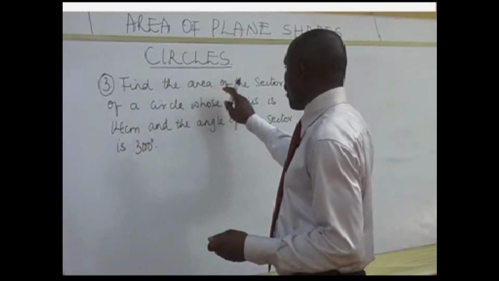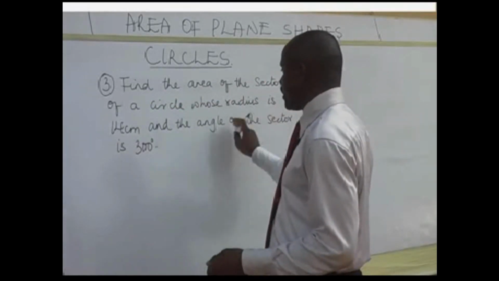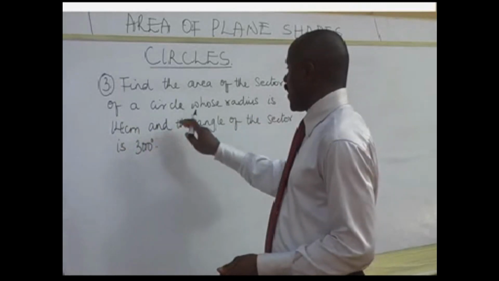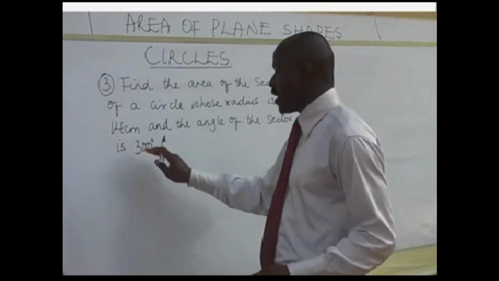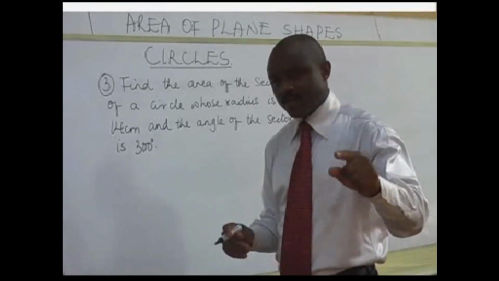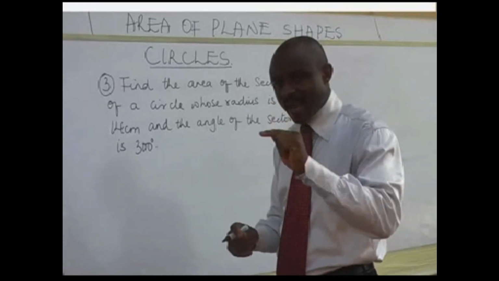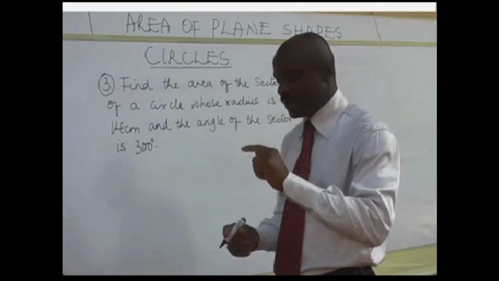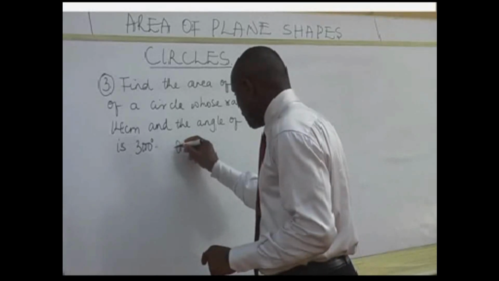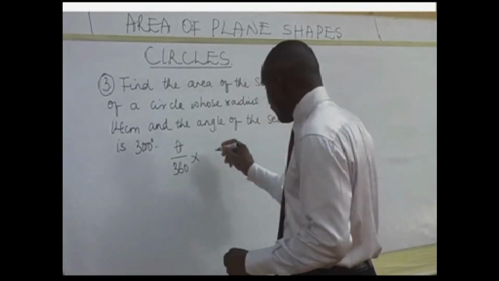Now we should find the area of the sector of a circle whose radius is 14 cm and the angle of the sector is 300 degrees. The area of the sector of a circle, we get it by theta over 360 times the area of the circle. So we have theta divided by 360 times pi r squared.